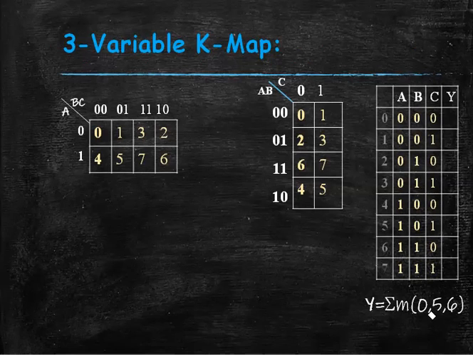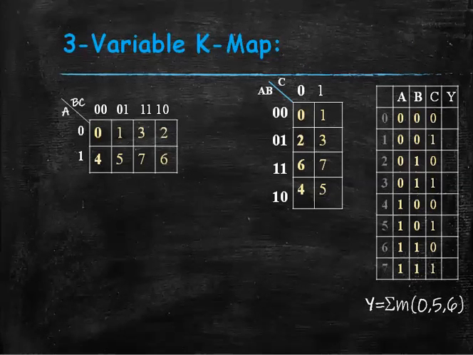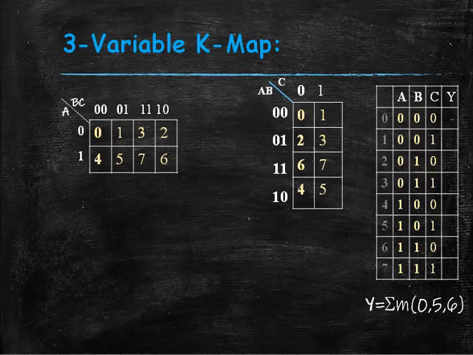We have to put a 1 for the position 0, a 1 here, and a 1 here, in the position of 5 and in the position of 6.